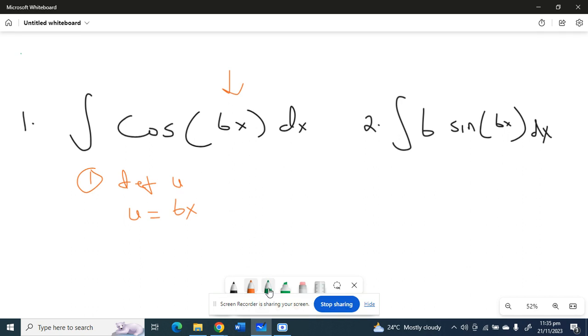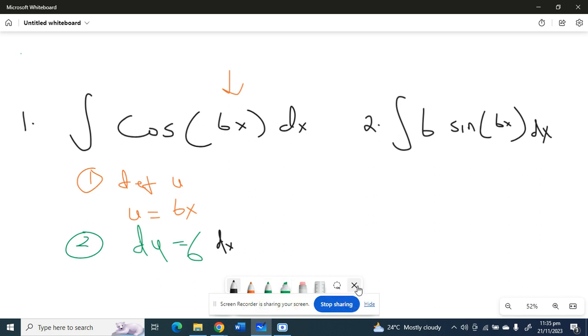Step two, we need to derive u. So we say du equals, we derive 6x. When we derive 6x, we're going to get 6. After you derive, always put a dx, okay? So the derivative is 6 dx.